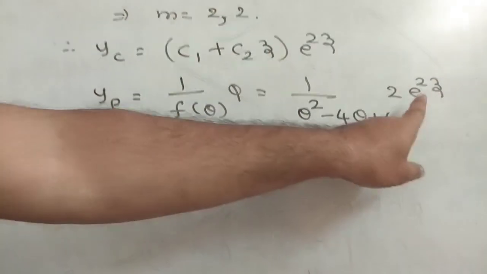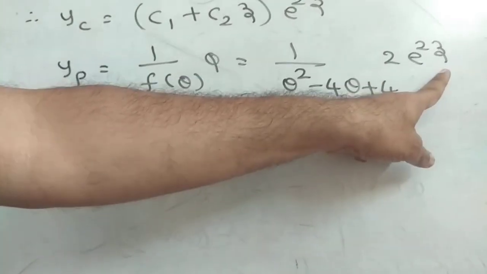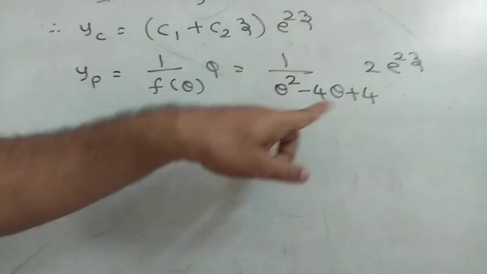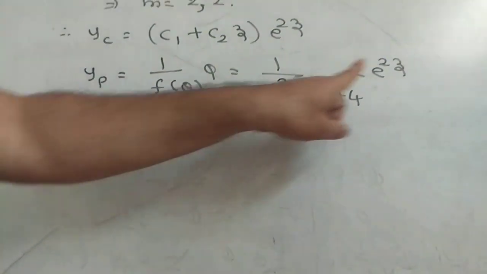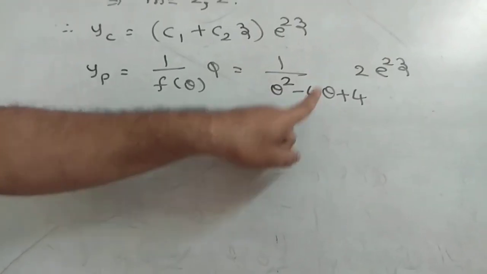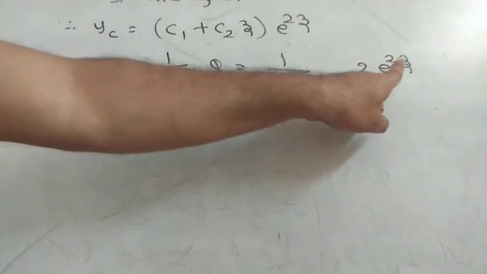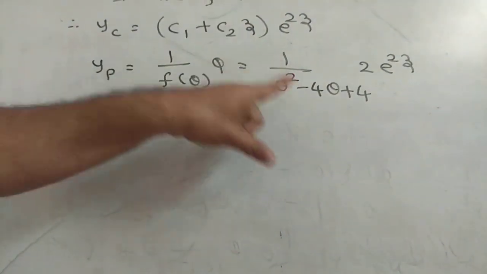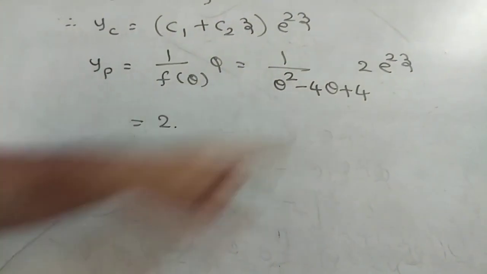Now you are substituting, it is looking like e power ax type. So what is the procedure in e power ax? That D is replaced by a value. Here theta is replaced by the value 2. Will you get 0 here? In order to verify whether it is 0 or not, is that a value present in the roots? Yes. So whenever it is present in the roots, definitely you will get 0 value.